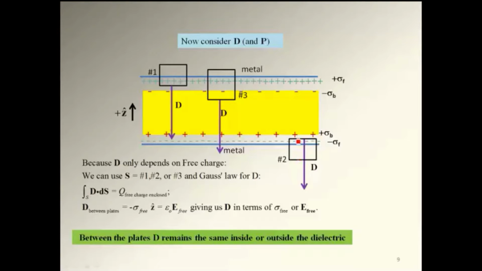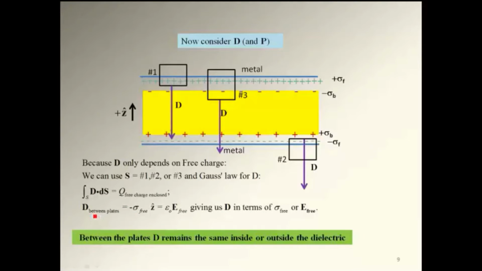If we go down here into the gap, the only charge that's enclosed is this negative free charge, and because of the change in the normal direction corresponding to this surface, we end up with D headed down in this direction, as we've seen here and here. All these D's are the same. They're the same magnitude and direction. To get that, you go through Gauss's law again. This is only the free charge.